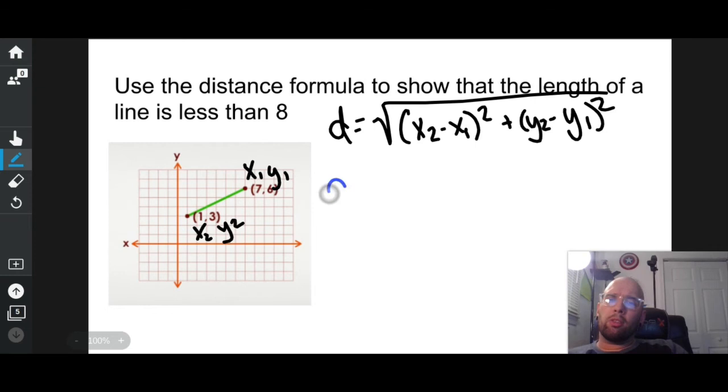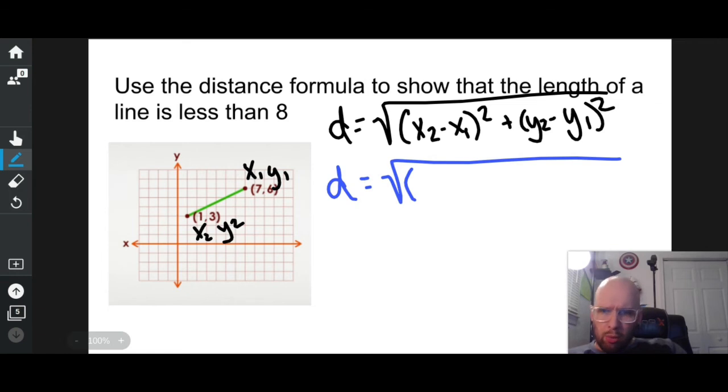The distance is going to equal x sub 2, which I labeled 1, minus x sub 1, which I labeled 7, squared, plus y sub 2, which I labeled 3, minus y sub 1, which I labeled 6, squared.